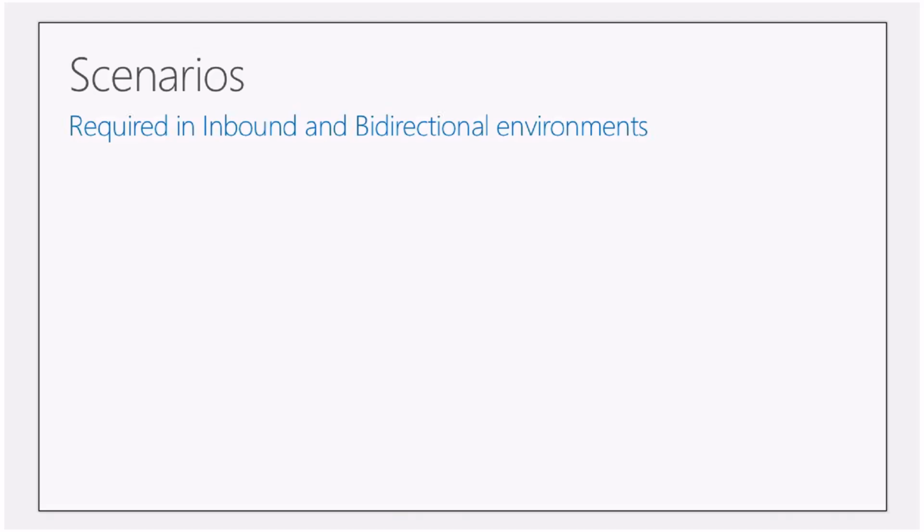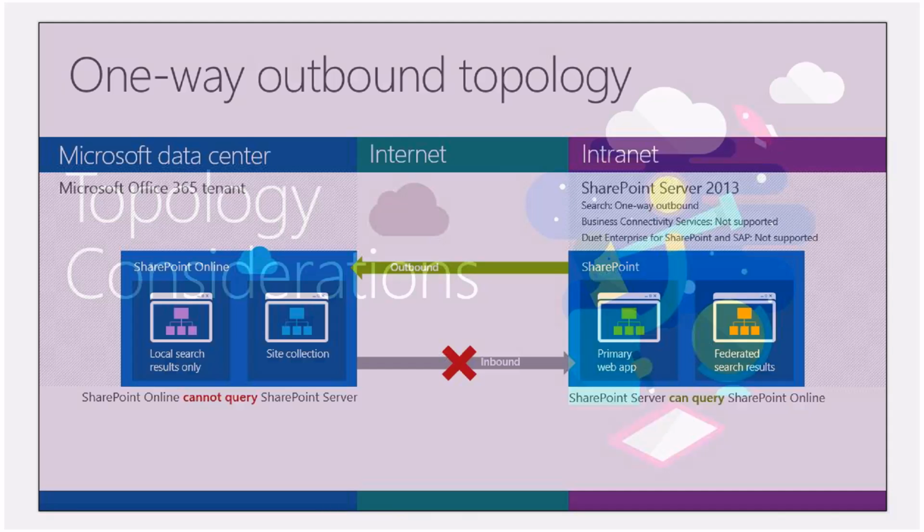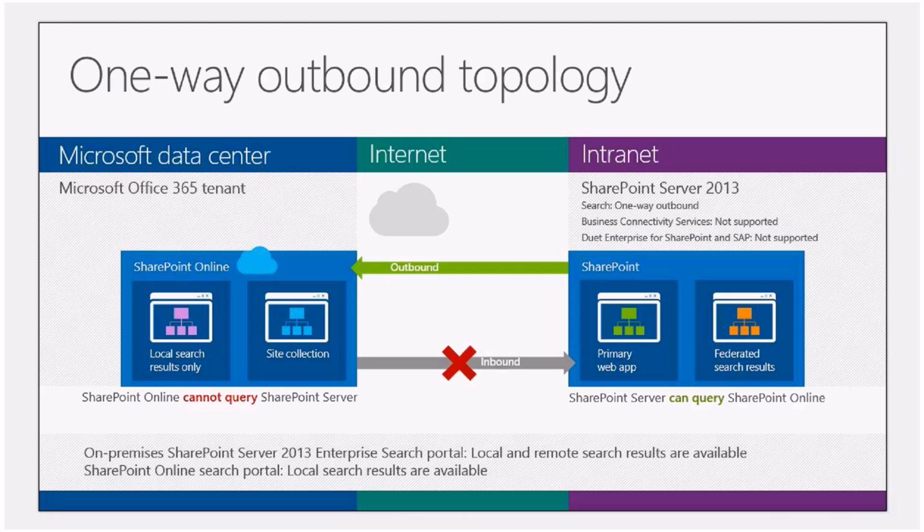We don't require a reverse proxy for outbound hybrid scenarios. And now that we've gotten to that point where we're talking about scenarios and infrastructure, that's what we call our topology considerations. So if you recall, a reverse proxy is required for an inbound and bidirectional topology. It's not required for an outbound topology.